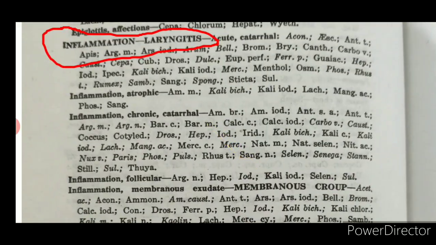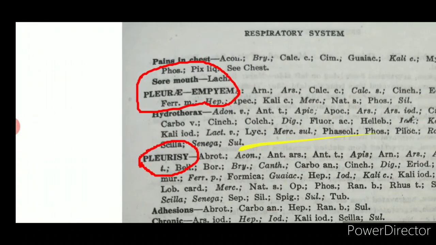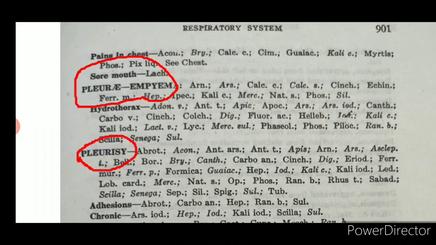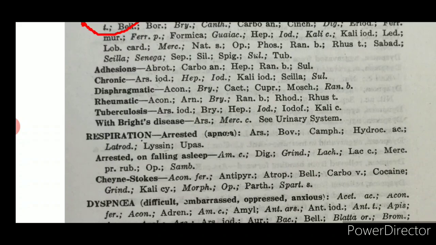See, here we are going to have the term laryngitis, inflammation of larynx. Then we have a location pleura, where we have empyema and pleurisy, and again there are conditions of respiration.